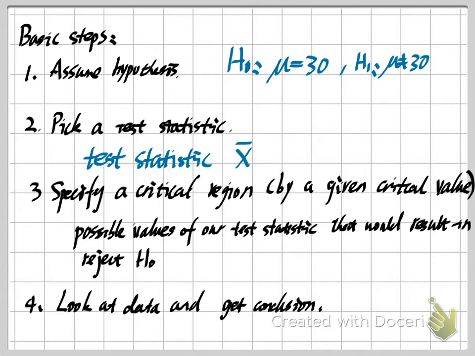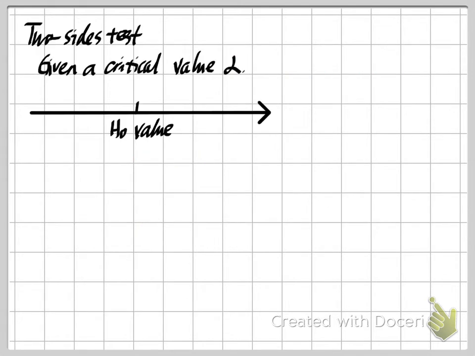So here I want to give a little more information about how, if we are given a critical value, we can decide the critical region. So for example, let's talk about the two-side test first.